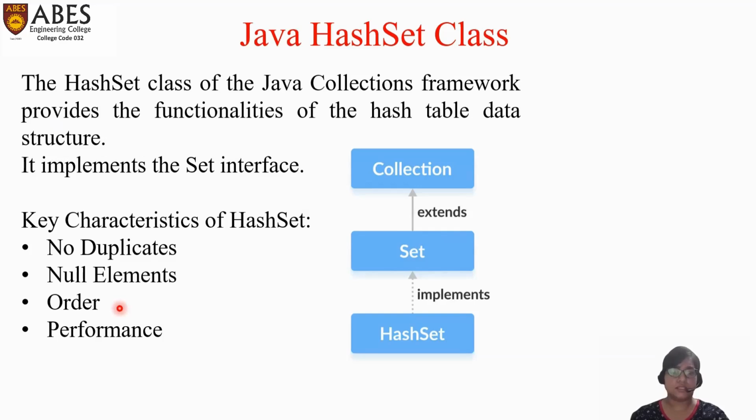HashSet doesn't guarantee any specific order of the elements for insertion. Next, we have performance, and it's a very important characteristic in the Java collection framework. HashSet provides constant time performance for the basic operations add, remove, contains, and size. So that's all about the HashSet class.